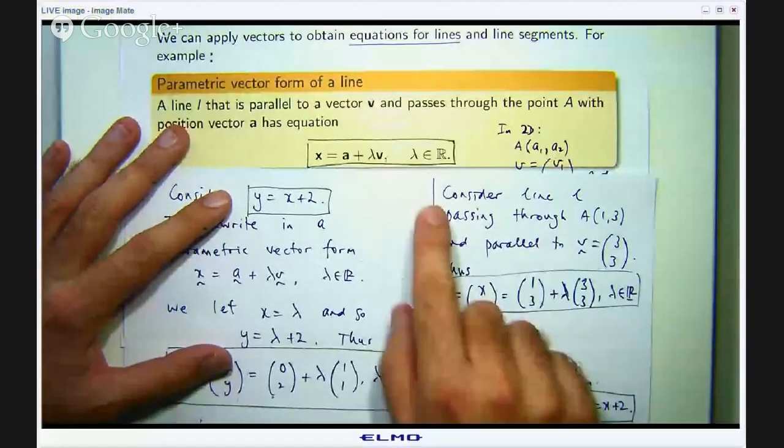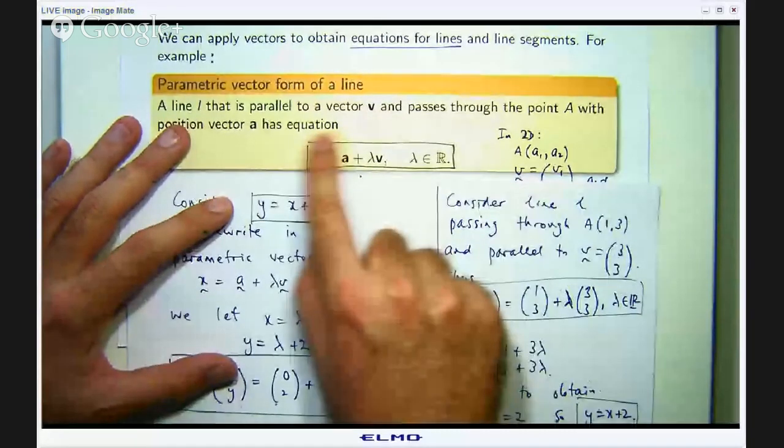So that's my presentation. In other videos, I'm going to be talking about parametric vector forms of a line in 3 dimensions and then higher dimensions. This form works in all dimensions.